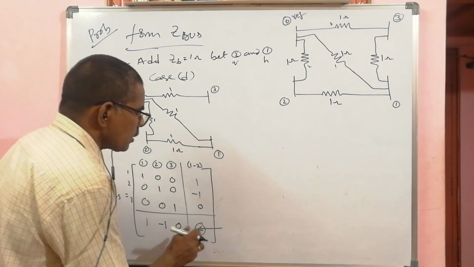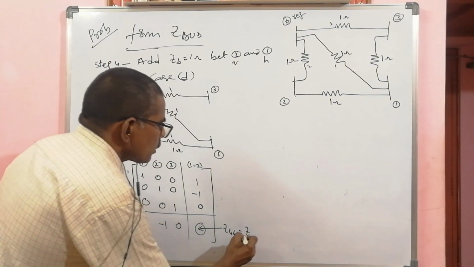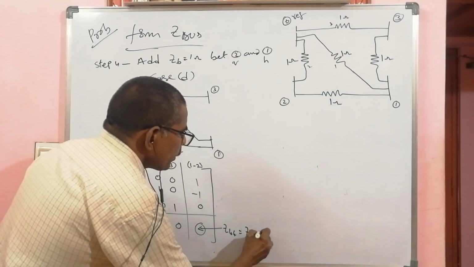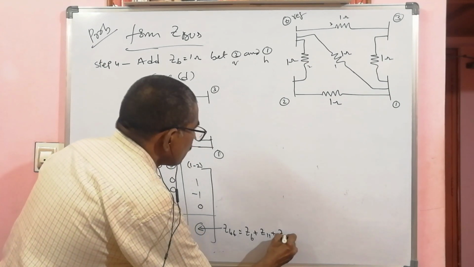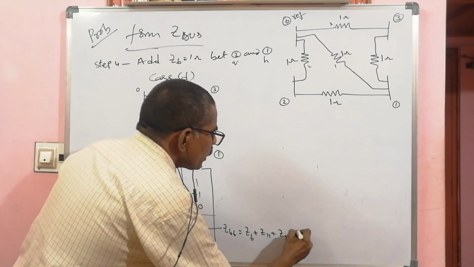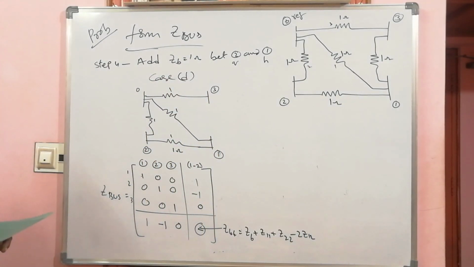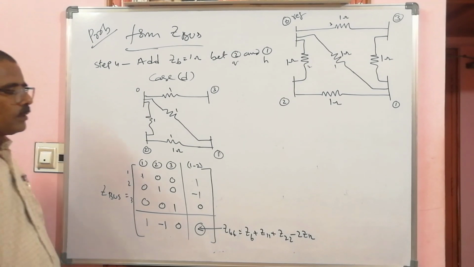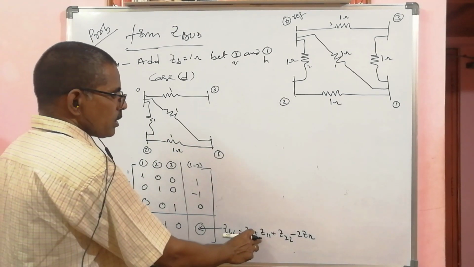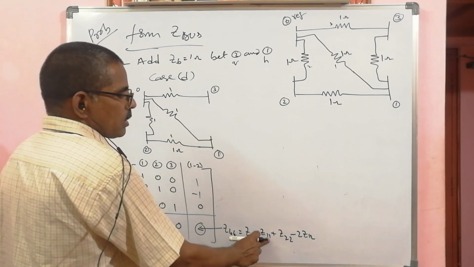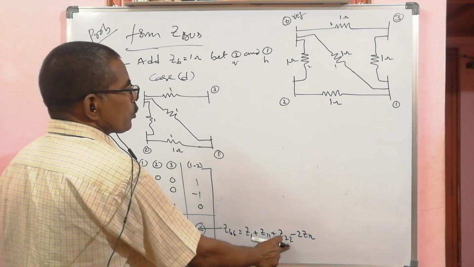That is Z44, is it not? This is ZB plus Z11 plus Z22 minus 2Z12. Okay. Z44, this value is ZB plus ZHH, ZQQ, is it not?